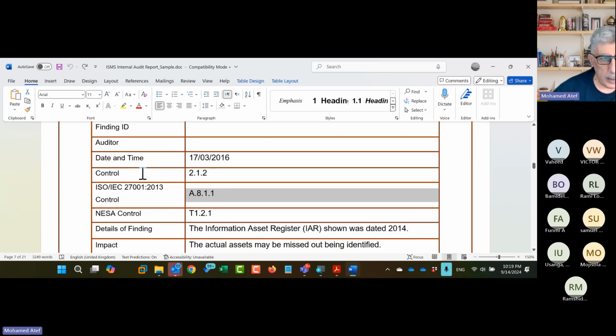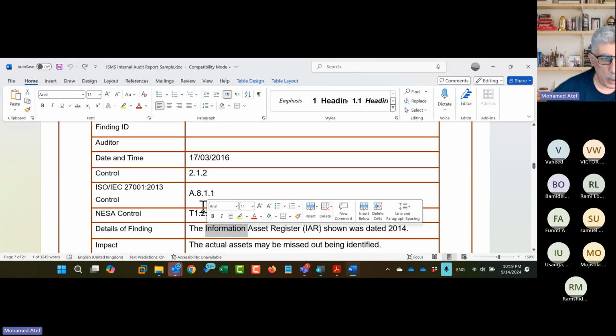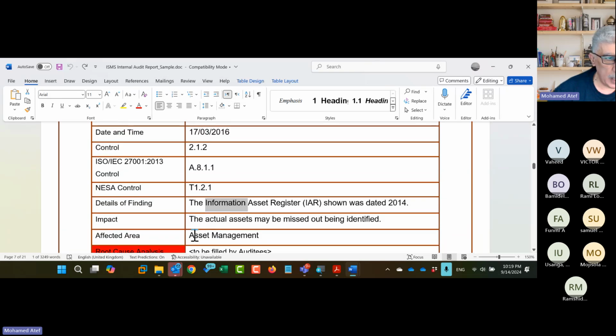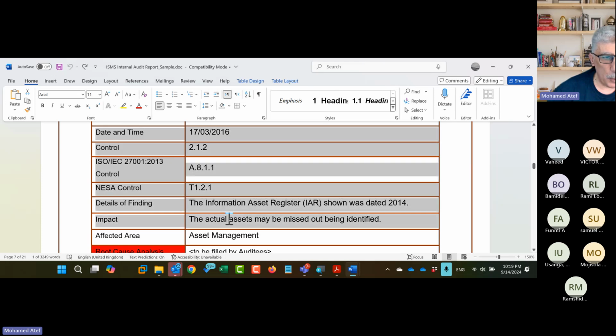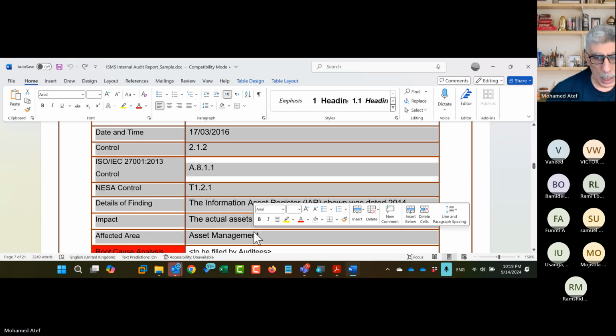So when you write the finding, it's not enough just to write what you found. You have to write your reference, you have to write the impact, you have to write what the affected area is. This is the most important part of the audit. I'll share with you a template of all the common audit findings and related templates, but you have to understand the logic behind what we are doing.